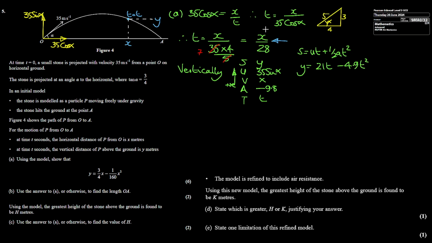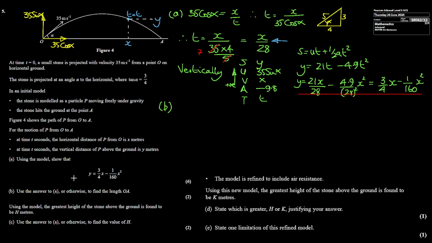If I substitute my value for t, I get that y is equal to 21x over 28 minus 4.9 over 28 squared, x squared, which does indeed cancel down to their requirement, so this is equal to 3 over 4 x minus 1 over 160 x squared. And there's the proof and the answer for part A.